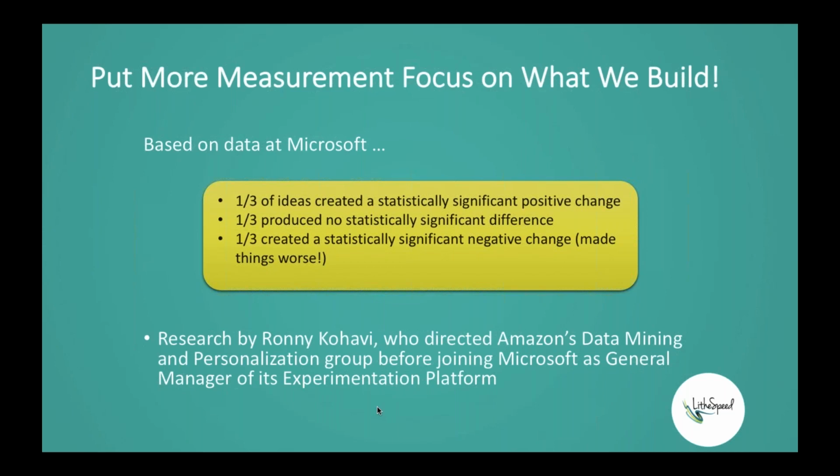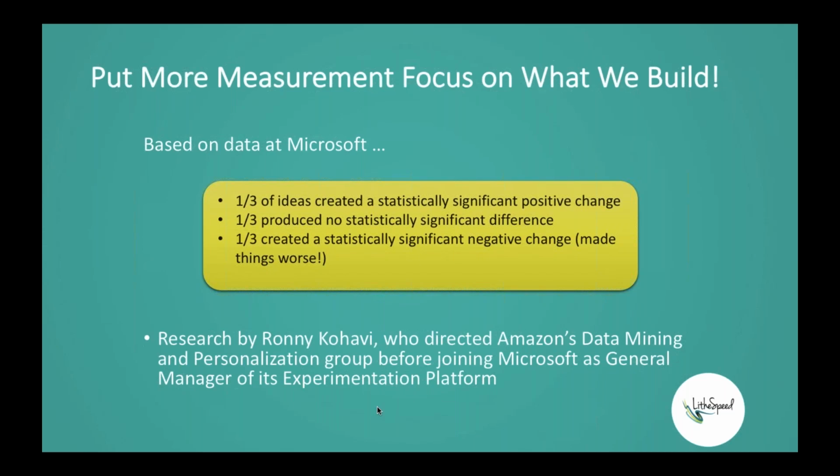About a third of our ideas don't really result in a statistically significant difference in the business outcomes we had hoped to achieve. And another third of the stuff actually makes the business situation worse. So a full 2/3 of the ideas that we have for features and functionality and capabilities either don't really contribute to positive business outcome, or in some cases actually make things worse.